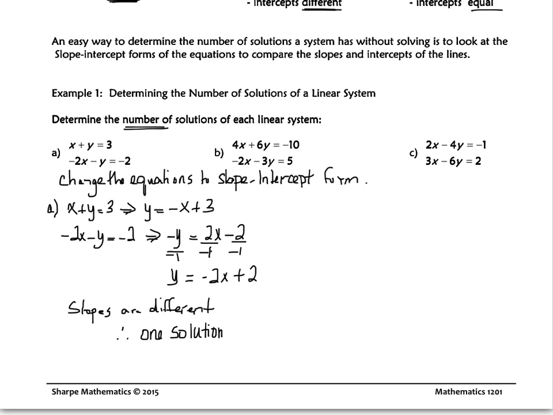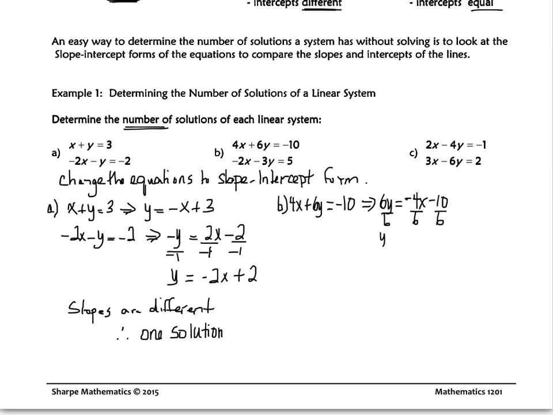And question B. If we change the first equation, 4x plus 6y equals negative 10, to slope-intercept form, that will give you 6y equals negative 4x minus 10, and then divide out your 6.